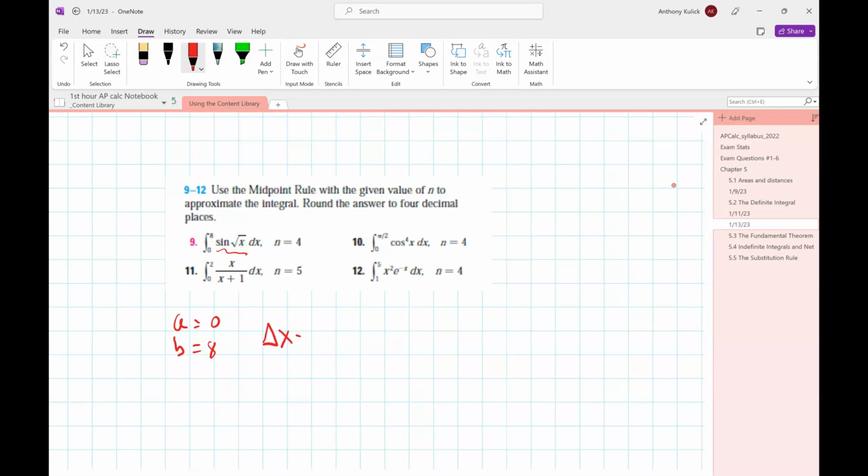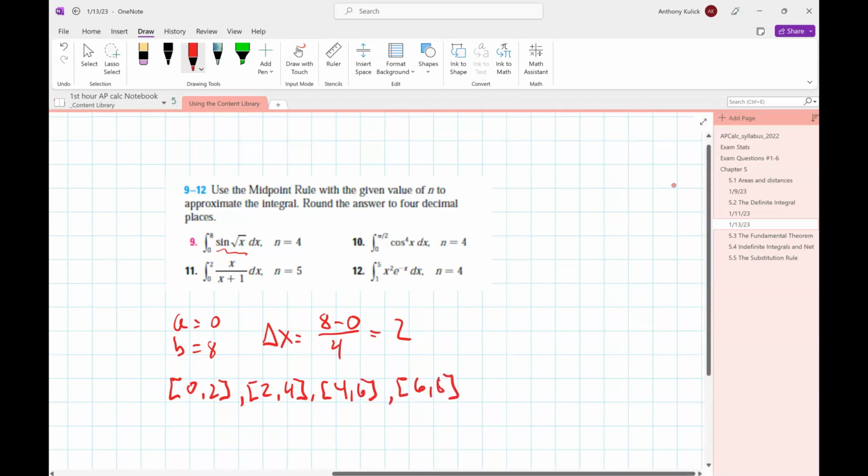So the delta x is going to be 8 minus 0 divided by, I'm sorry, divided by 4, which is 2. So my intervals are going to be 0 to 2, then 2 to 4, then 4 to 6, and then 6 to 8.